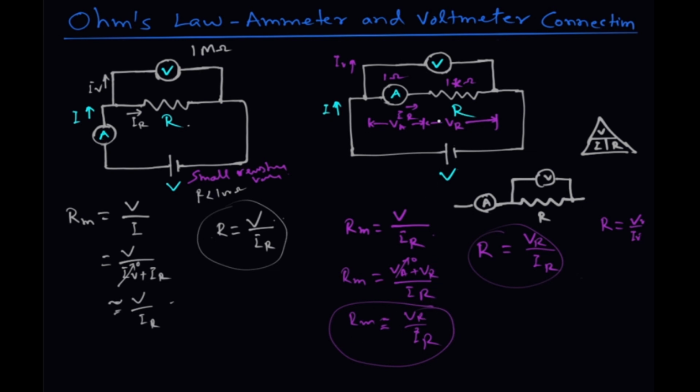So it is not good for low resistance calculation, and it is good for high resistance calculation. So this arrangement is for small resistance calculation, and this is for high resistance calculation.